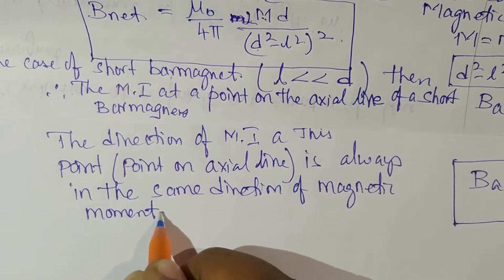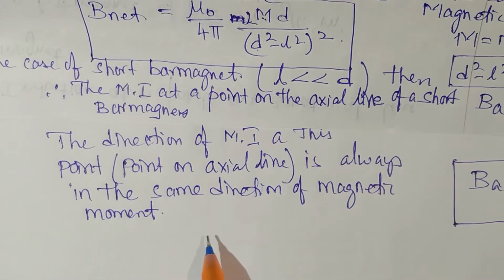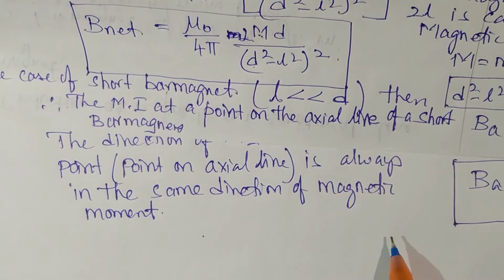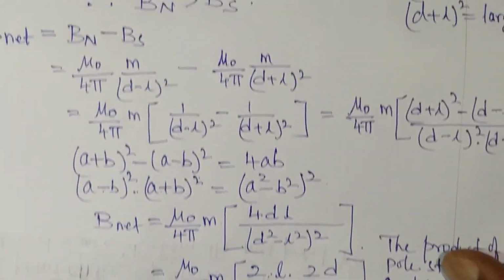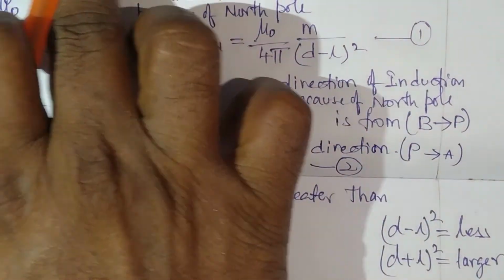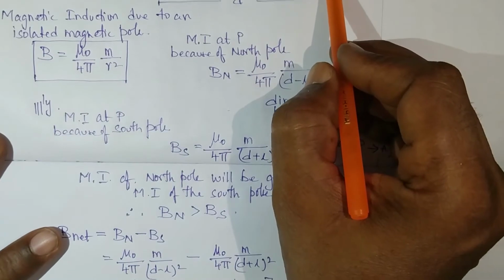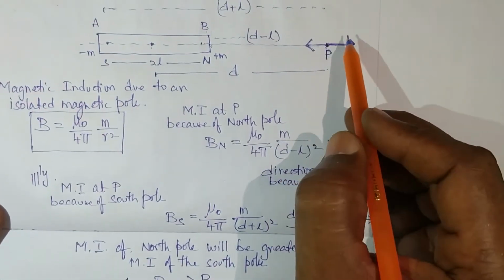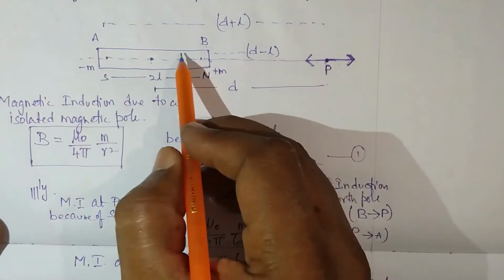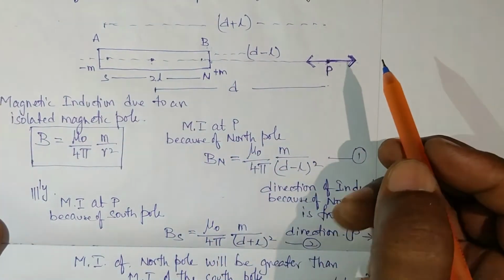What is the direction of magnetic moment? It is south pole to north pole. So when a point P is on the axial line, the direction of magnetic induction at this point P is also in the direction of magnetic moment of this bar magnet.